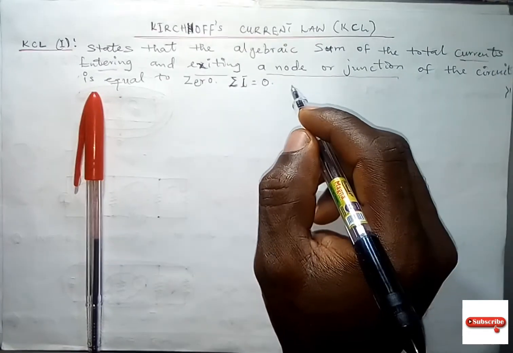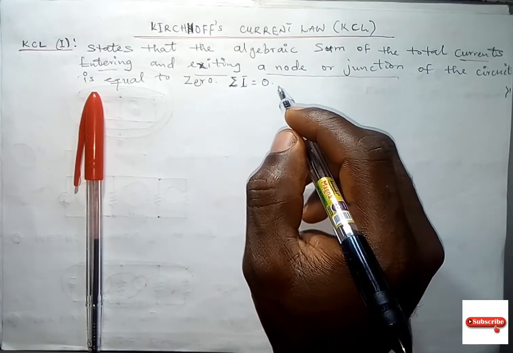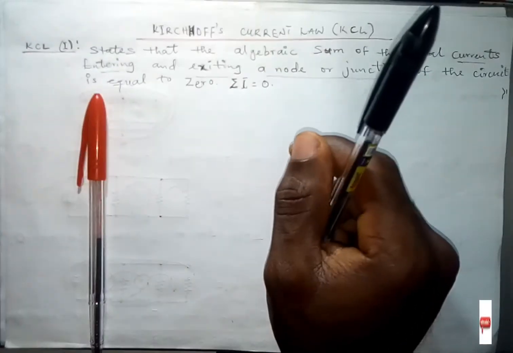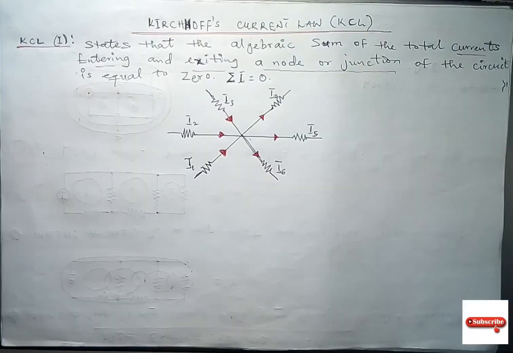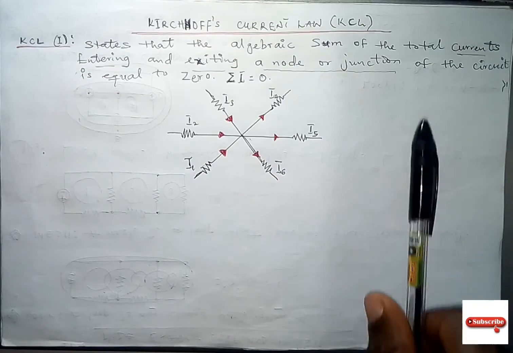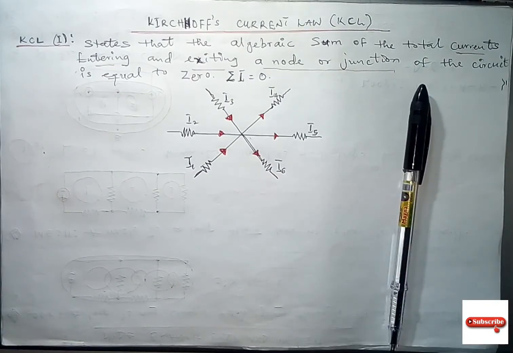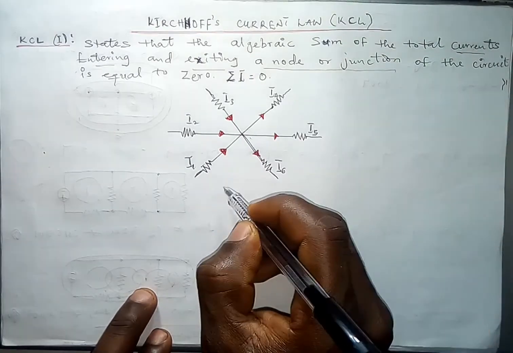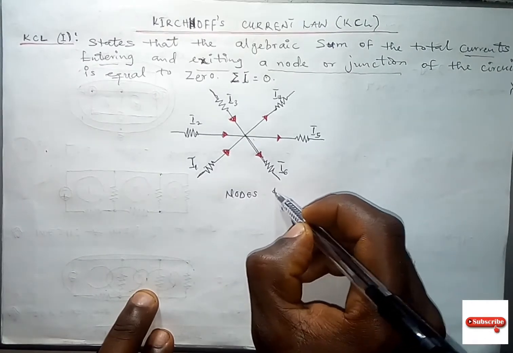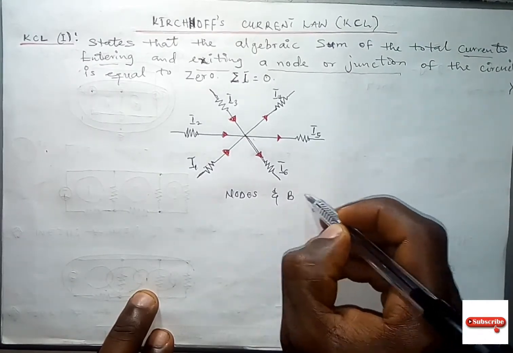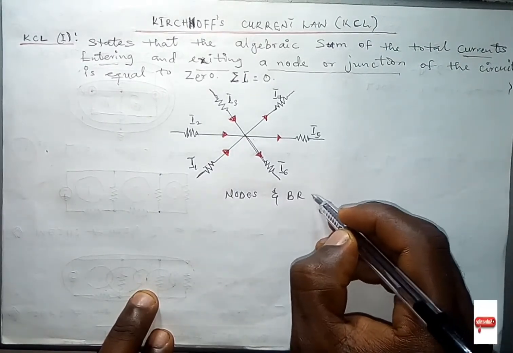So how can we analyze this? Let's quickly take a look at this shape that I'm going to draw here. If you look at this, it contains two things, which are nodes and branches.